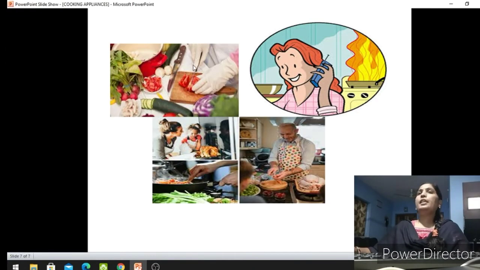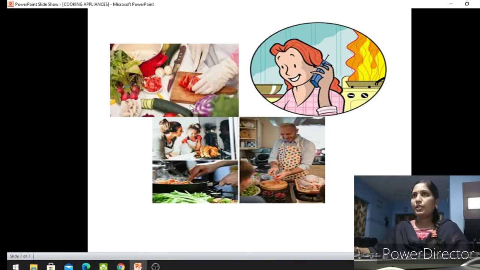Our working area should be very neat and clean, and the appliances like the knife and the cutter that you are using should all be neat and clean, or else they may carry dust and germs into our body. So this photograph tells you how neat it should be and how they are wearing gloves while cooking or cutting the vegetables.